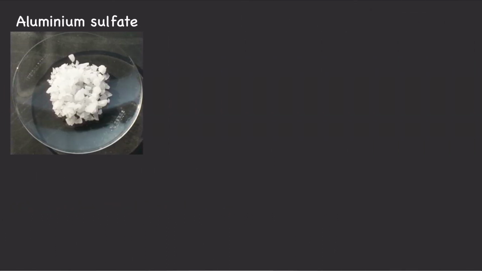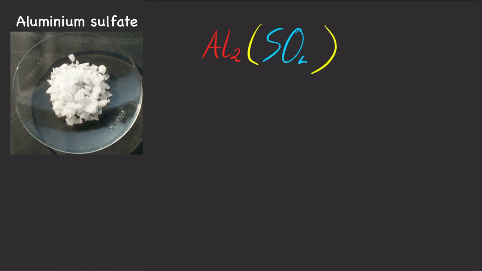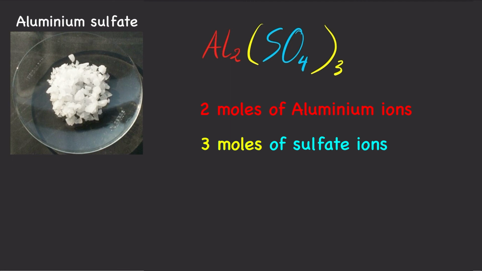As a bonus challenge, let's take a look at aluminum sulfate. The chemical formula for aluminum sulfate tells us that 1 mole of this compound contains 2 moles of aluminum ions and 3 moles of sulfate ions. Notice that the chemical formula also tells us that each sulfate ion contains 1 sulfur atom and 4 oxygen atoms.